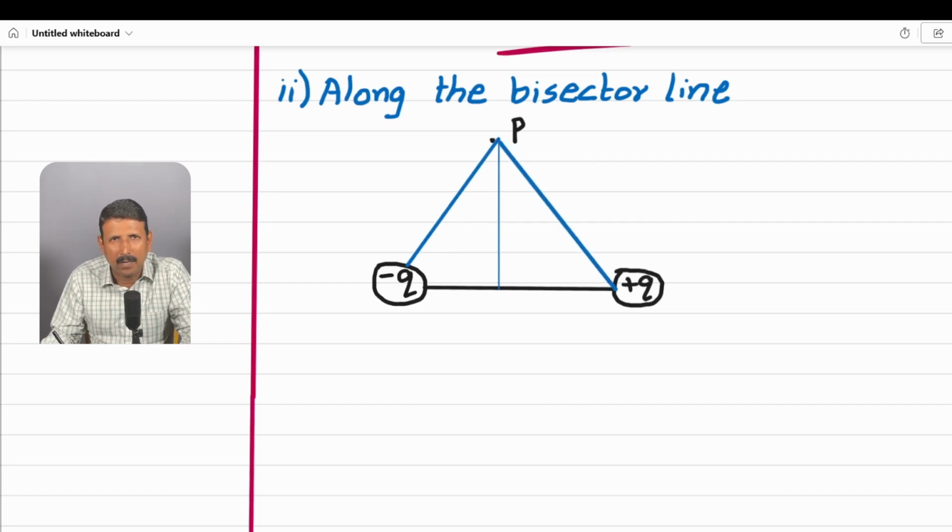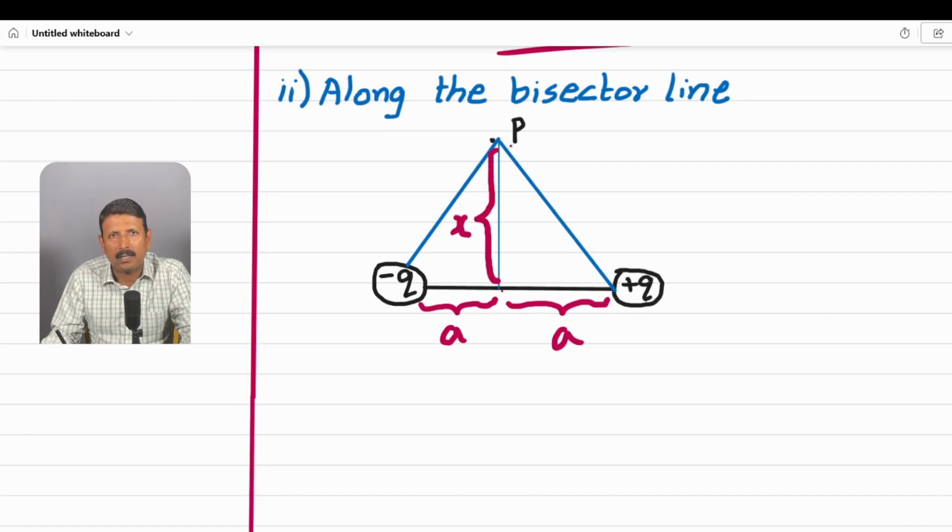And the point P this time is at a distance x from the center of the dipole. Distance between charges is a and a, that is 2a, clear? Then the distance of the point P from the center of the dipole is x.